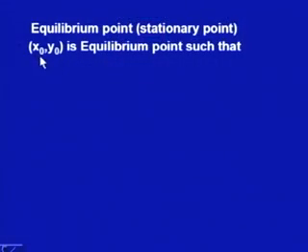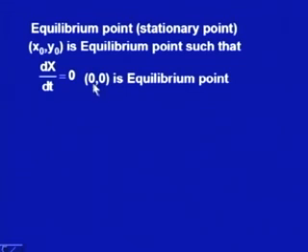So, let us illustrate this. For this we require concepts like equilibrium point, sometimes we call it stationary point. We define a stationary point (x0, y0) for the given system such that dx/dt is equal to 0. By this I mean that (0, 0) is an equilibrium point, because this system means dx/dt is equal to Ax is equal to 0.